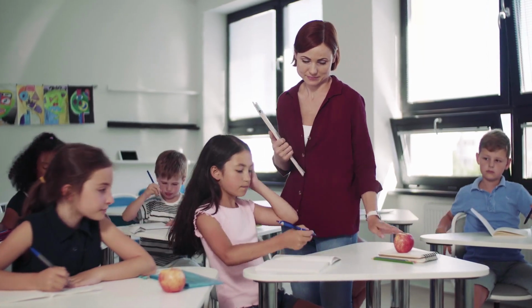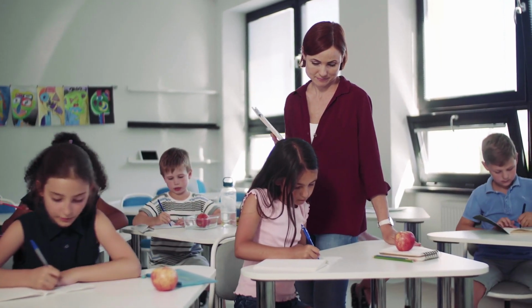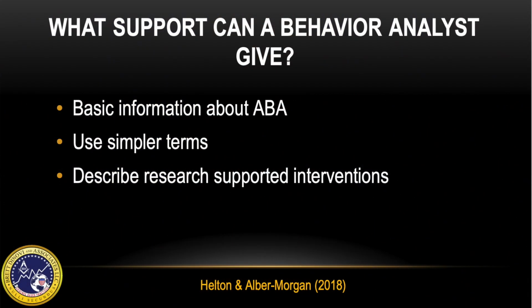Teachers may not be as knowledgeable as the BCBA. Therefore, the BCBA, who is supporting the parents through the individualized education program or an IEP process, can provide basic information about ABA and use simpler terms for parents to better understand ABA and to help ease the process.